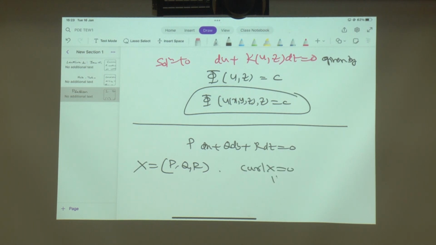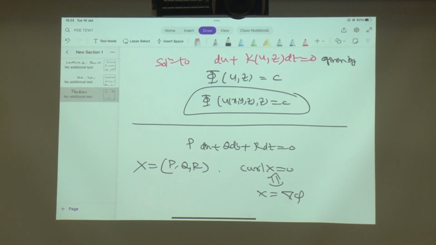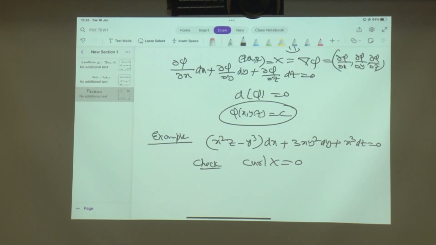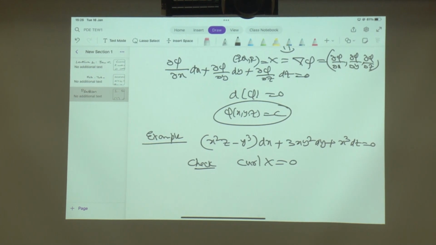Curl X is 0 implies, if and only if, in the spaces that we are working with, X looks like gradient of some phi. Okay? What does it mean? Therefore it is solvable. Now, how do I know that phi, right? X equal to grad phi. If I knew the phi, we are done. But how do you know what is that phi?